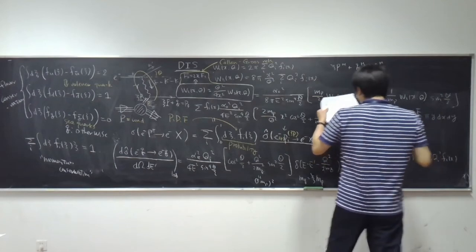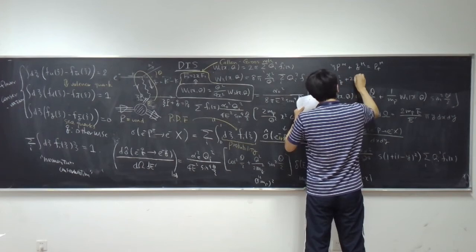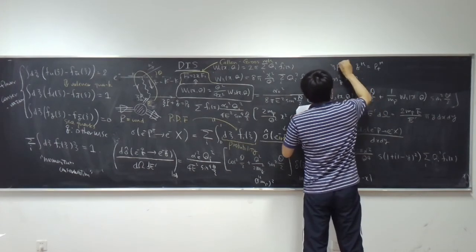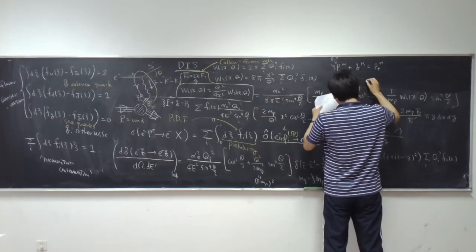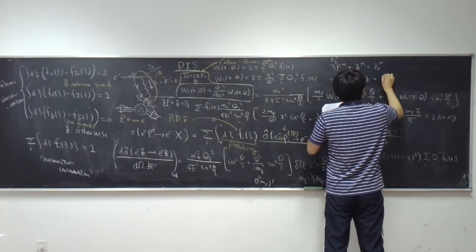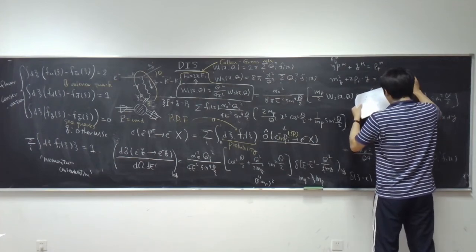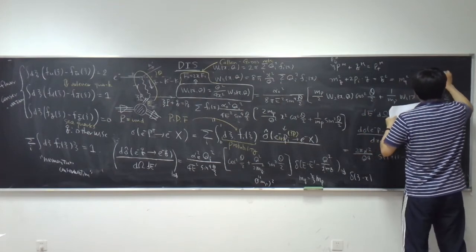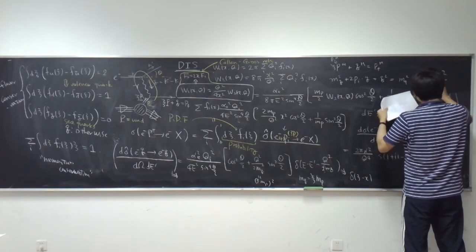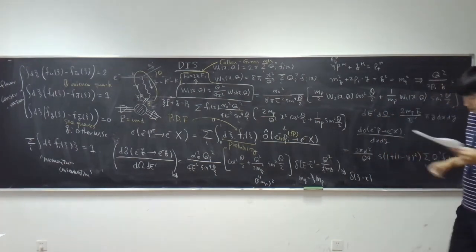If you square it, you get m_q squared plus 2 xi p dot q plus q squared. Here the final state is on shell, so you get m_q squared. So from here, you obtain q squared divided by 2 p dot q equals minus xi.